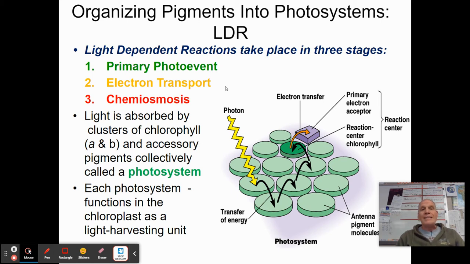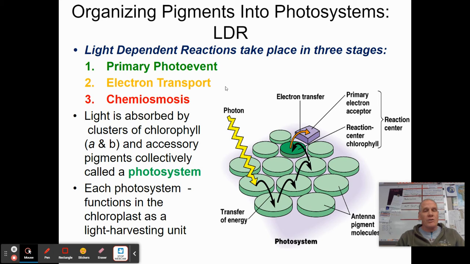Okay, so the light dependent reaction takes place in three main stages. The primary photo event, which is the absorption of photons by the magnesium electrons. Then electron transport, which is those electrons, once they leave the magnesium atom at the center of the chlorophyll molecule, moving down the electron transport chain, and in that process, they are going to pump protons against a concentration gradient.